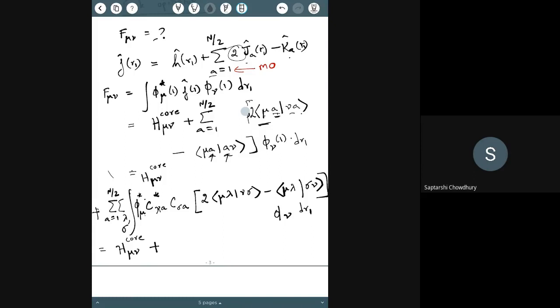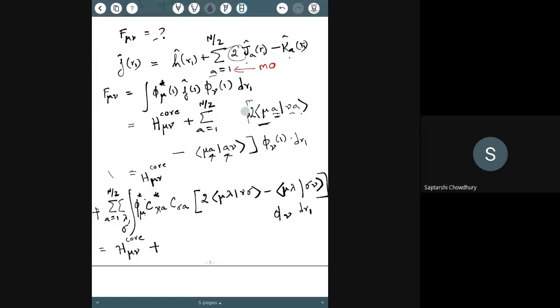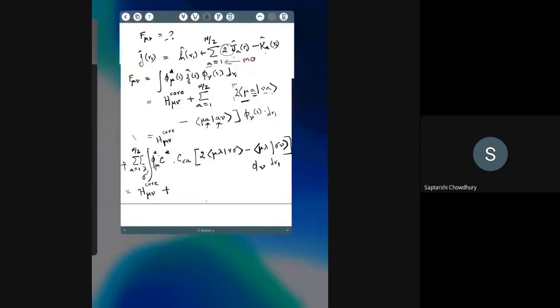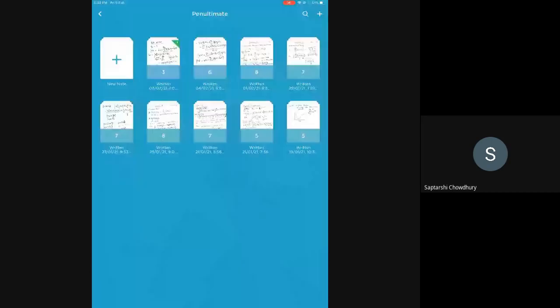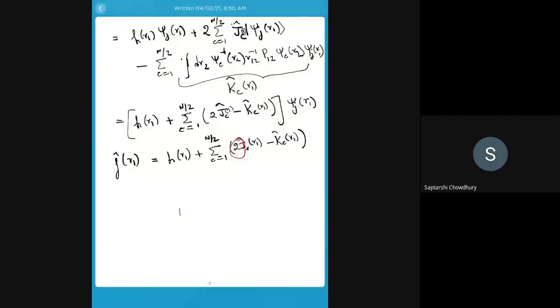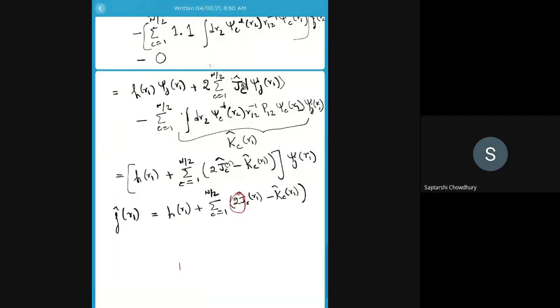What does the J operator look like? Okay, so let's go back and look at the expression that we did. So here you are.